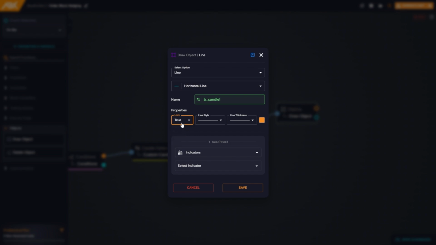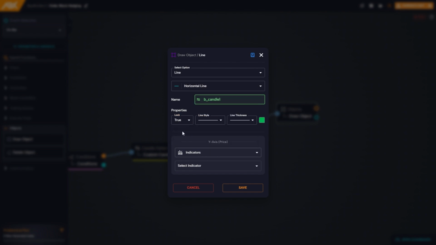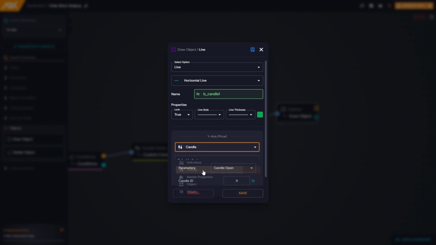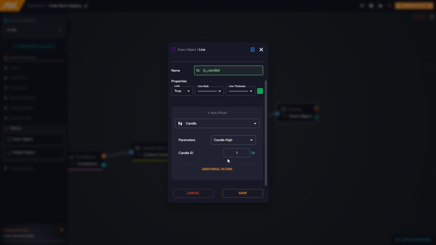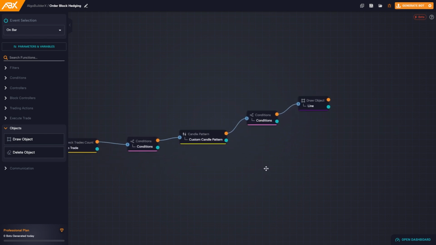Modify the properties as you like. And in the Y-axis, choose Candle High 1. We've now created the condition to identify an order block when the previous candle is red.